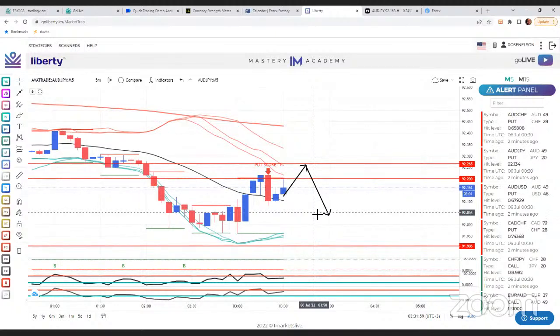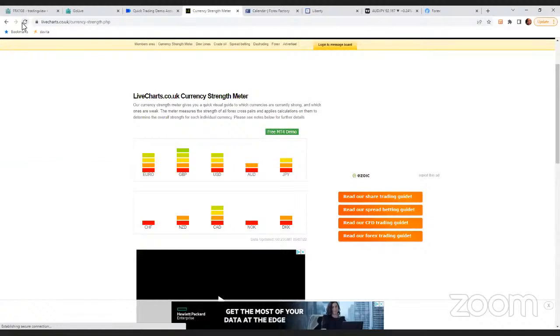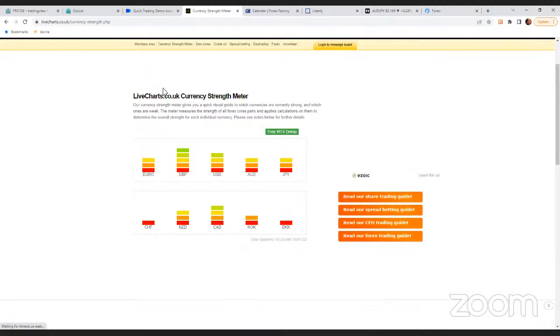So let me see what's going on with, checking the currency strength meter. Oh, look at that. They're equal. Yeah, so at this hour, the market is foolish. It's really slow.